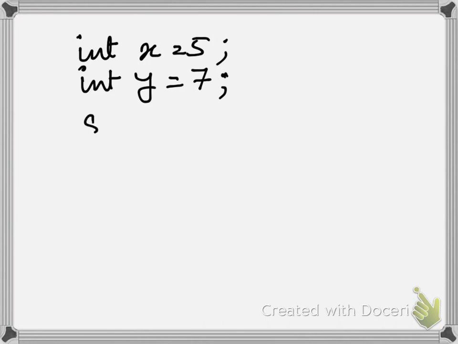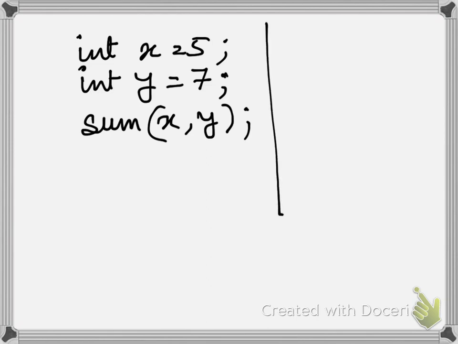Now instead of directly giving the values 5 and 7, I pass them through some variables. So sum(x, y). This is when we are calling, and then when we have the method, I have int a, int b.